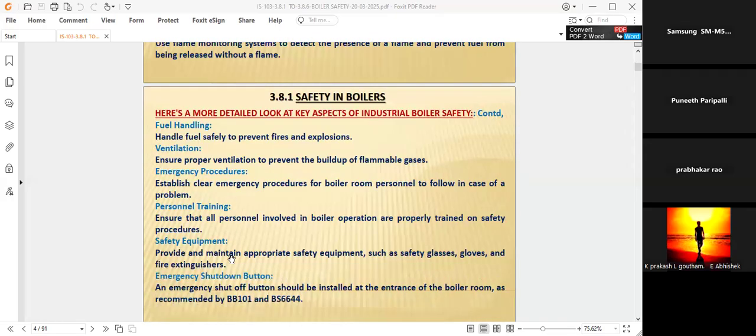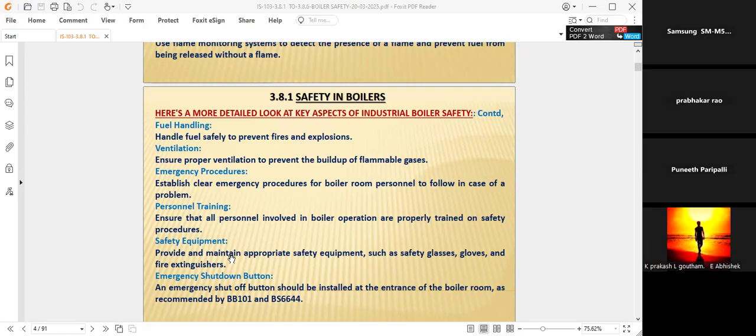Emergency procedure should also be there. Especially, the boiler emergency procedure is different from the on-site emergency response procedure of the organization. The emergency procedure of the boiler is separately documented, and it should be available for all the workforce working in the boiler.